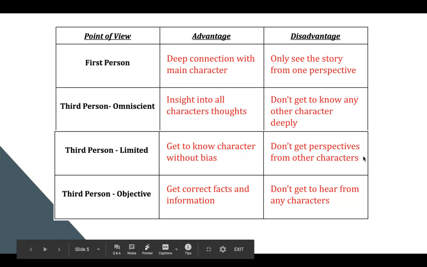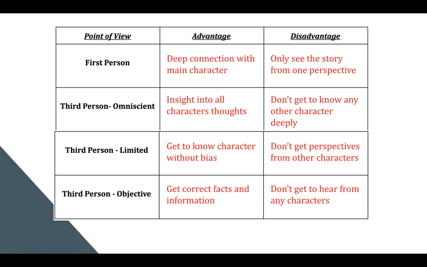We also talked about last lesson how each of the point of views has some advantages and disadvantages. So for example, first person, we really get a deep connection with that main character like Star or Katniss. With the disadvantage, we only get to see the story from their perspective. With the third persons, they're each a little bit different. Omniscient, you get to know all the characters' thoughts and feelings, but you don't get to know any one character really deeply.